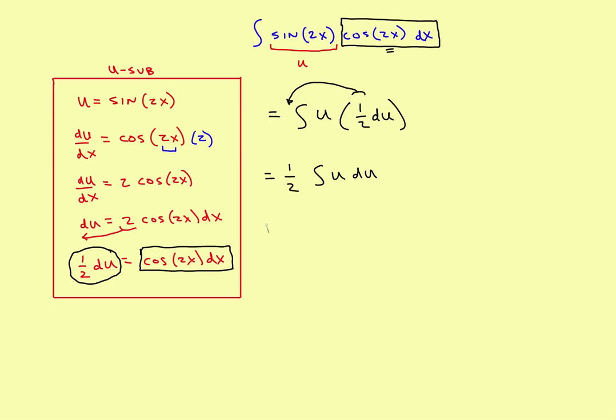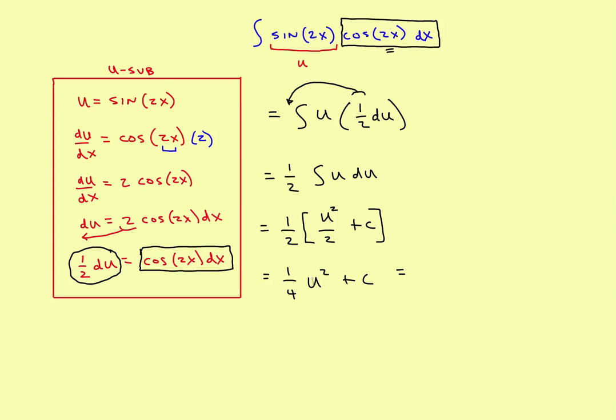So some of these will actually turn out to be pretty easy integrals. So that will give me 1/2 of, and this will find the antiderivative of u, which would be u squared divided by 2, plus c. We'll put the denominators together, and that gives me 1/4 of u squared plus c.